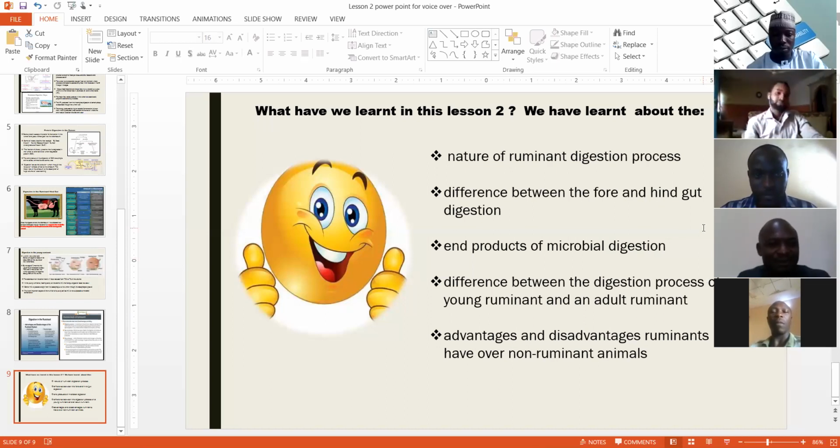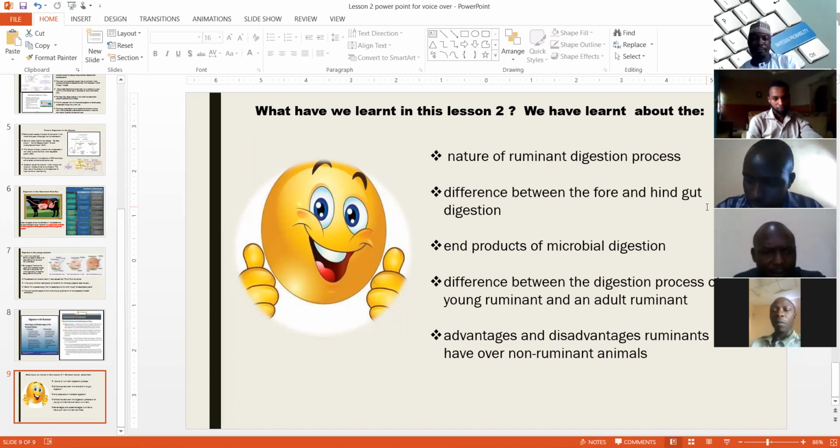The volatile fatty acids we talked about are like intermediary end products in the rumen. These intermediary end products are absorbed by the rumen wall and utilized.